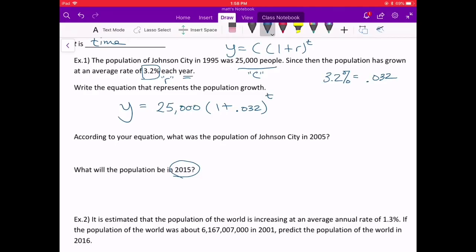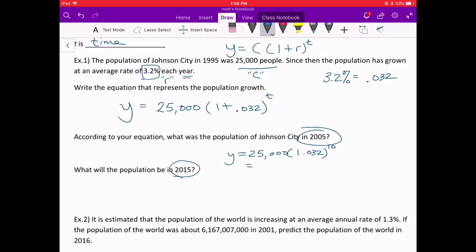All right, so that's going to be our initial model that we're going to use, and we're going to run through these couple scenarios. All right, what is the population in 2005? So that would be a 10-year period. So we would do Y equals 25,000 times 1.032 to the 10th power. All right, so you just grab your calculators and you could type that in, and that will give you what your population was after 10 years.